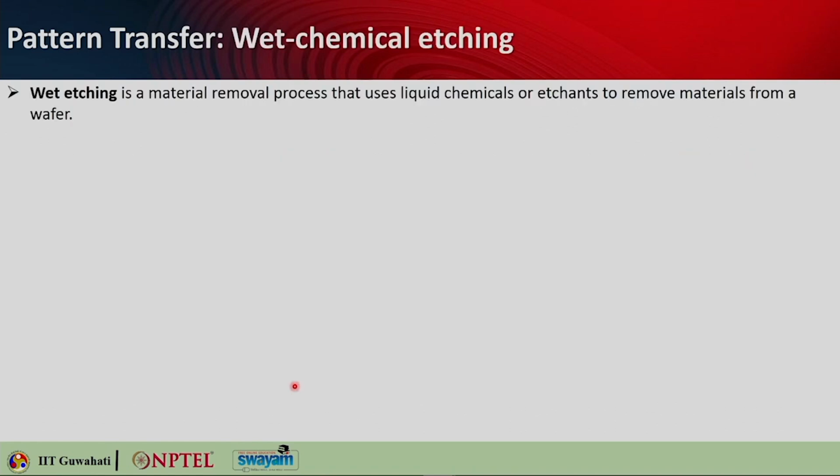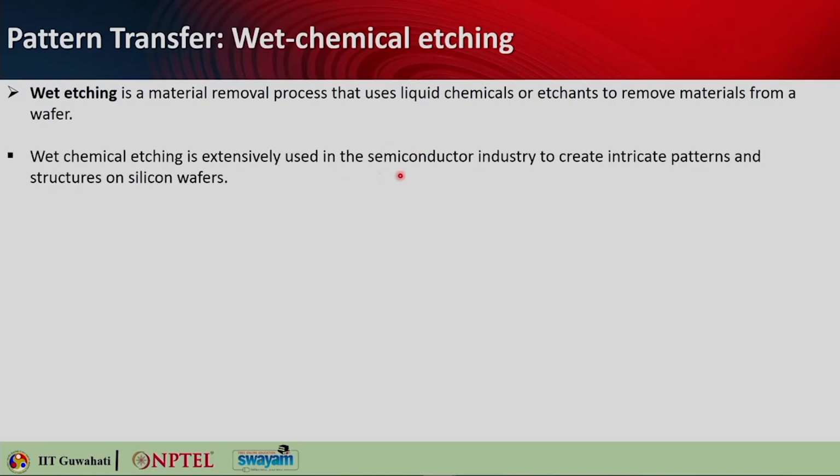So, let us look into the wet chemical etching, or wet etching, first. Wet etching is basically a material removal process that uses liquid chemicals or etchants to remove a material from a wafer. This kind of etching is extensively used in the semiconductor industry, and allows you to create intricate patterns and structures on silicon wafers.